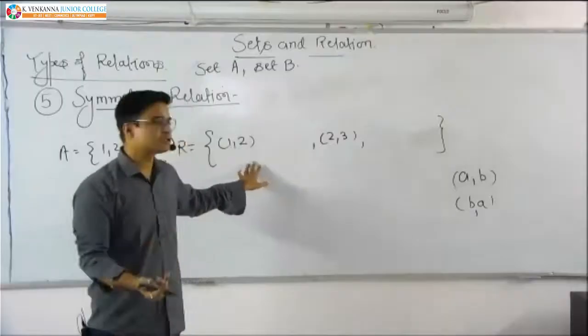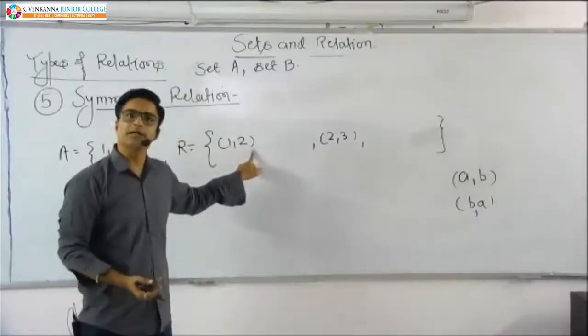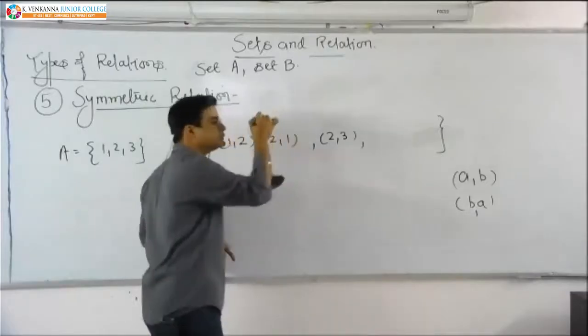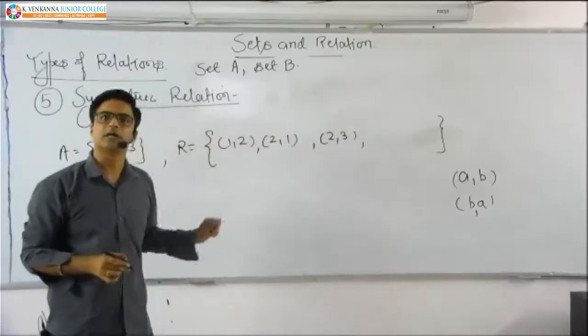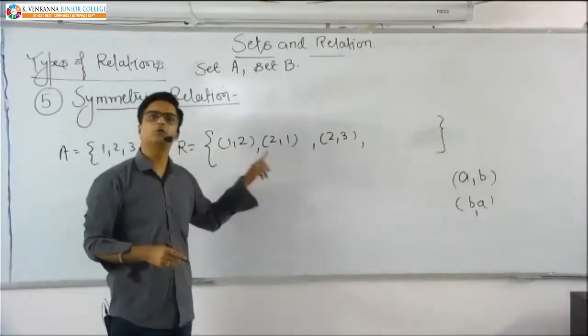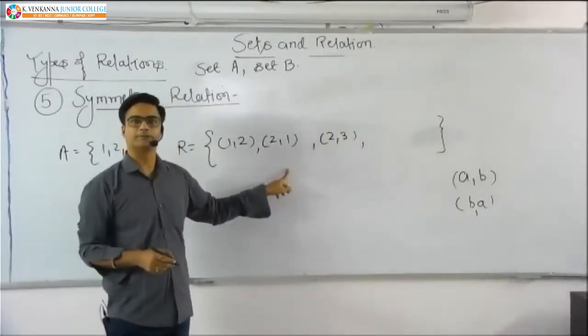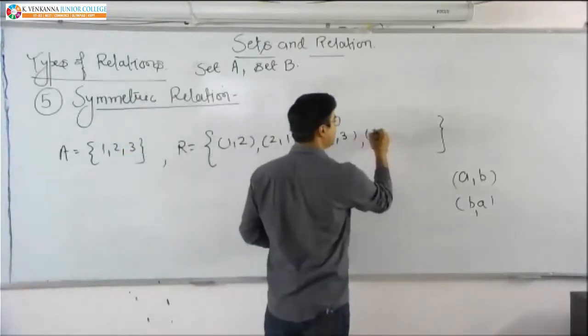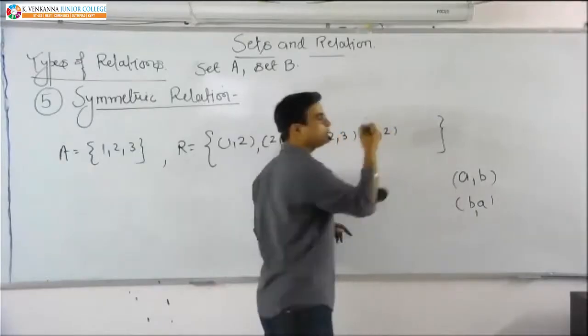If in a relation 1 comma 2 is an element, then 2 comma 1 must also be an element of this set. If 2 comma 3 is there, then 3 comma 2 must also be there.